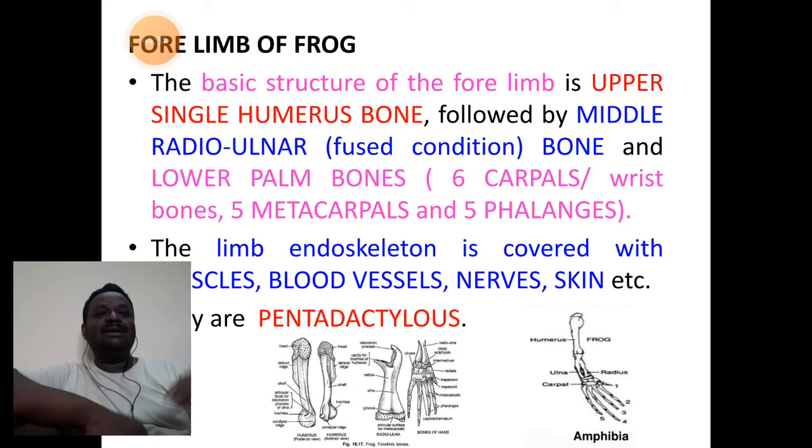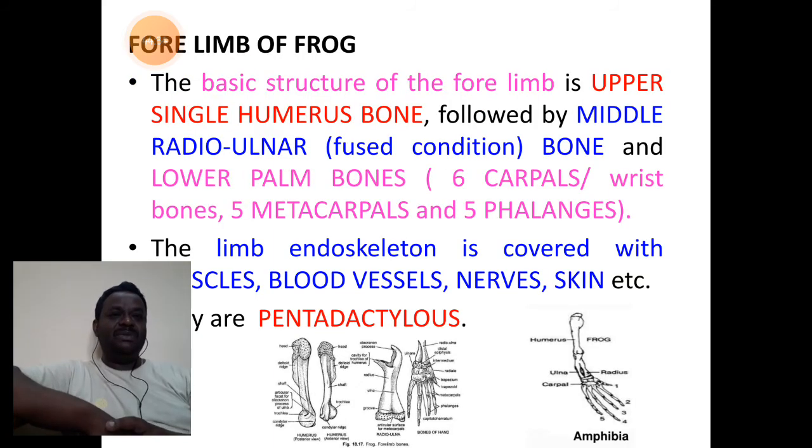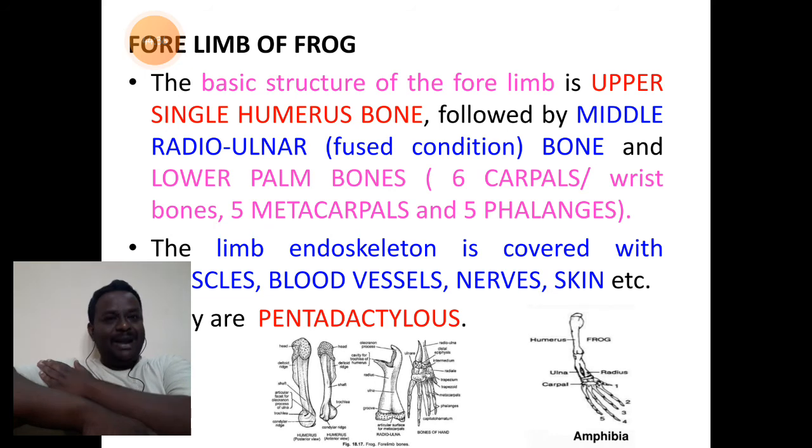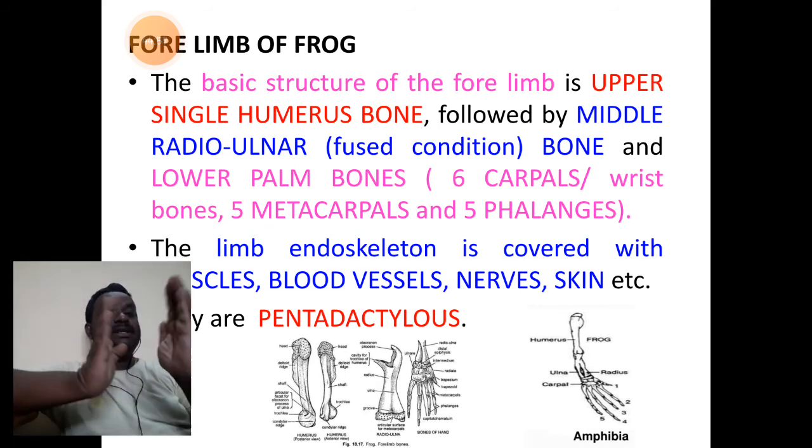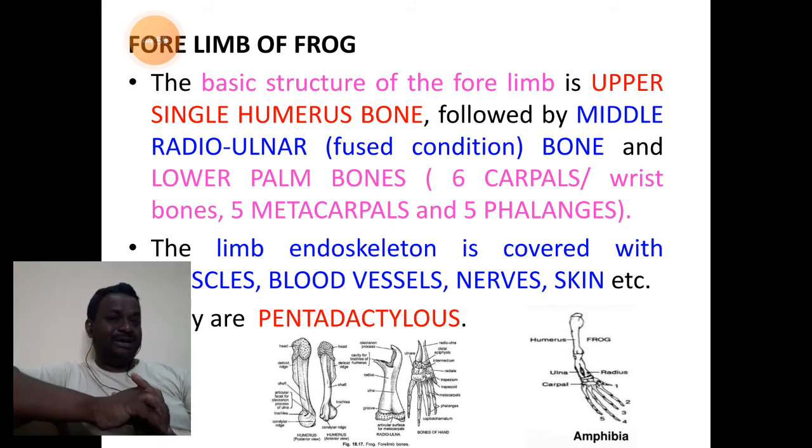The hand region consists of 6 carpals, 5 metacarpals, 5 phalanges. There we had 6 to 8 in the earlier case, but here it is restricted to 6 only.